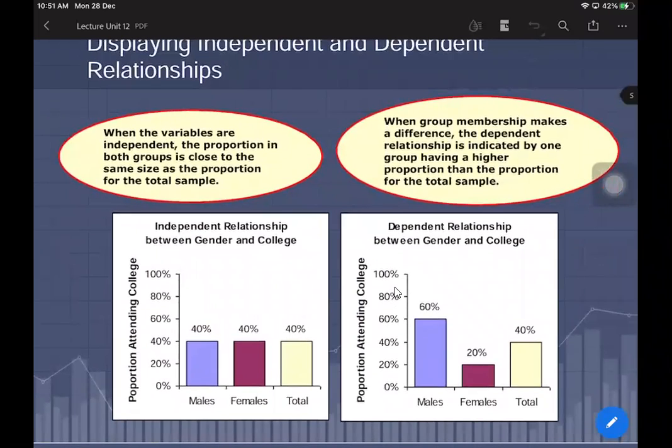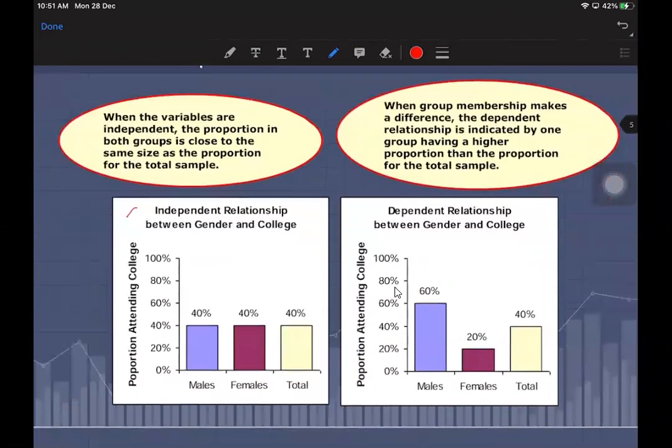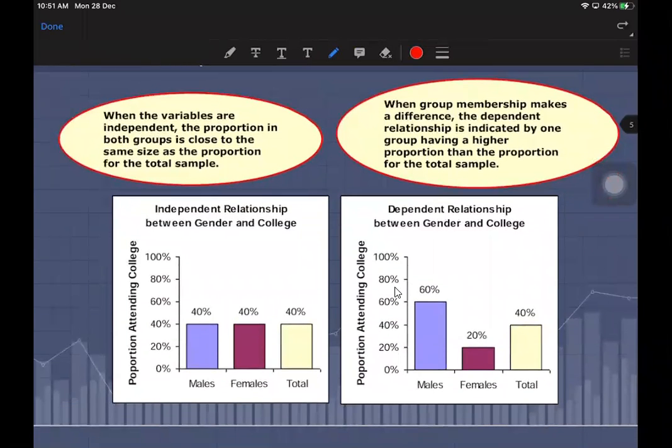So if you look at the first graph here, total 40%. If you have equal between males and female, this is what we are expecting of an independent relationship.